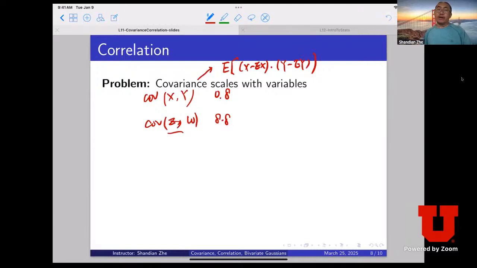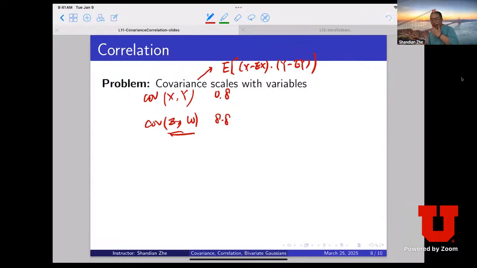Can we accordingly conclude that z and w are more correlated than x and y? Can we? Any guess? Actually, we cannot. Why?